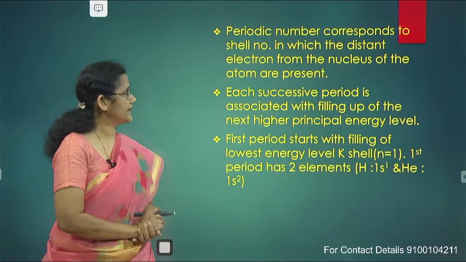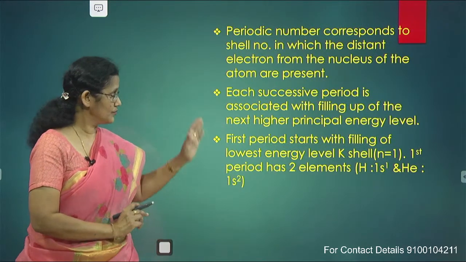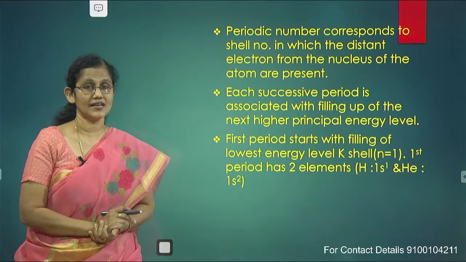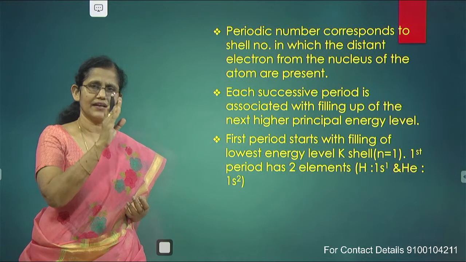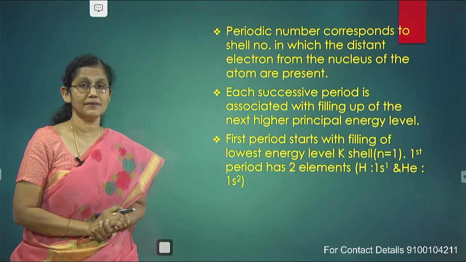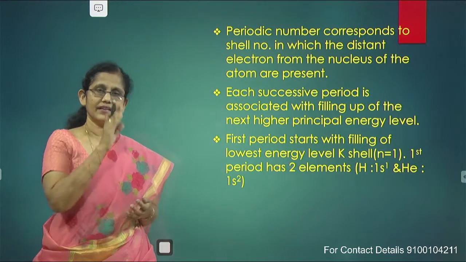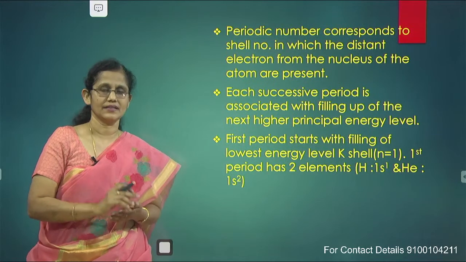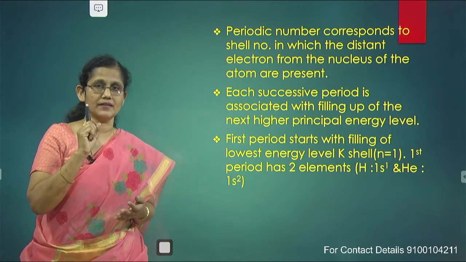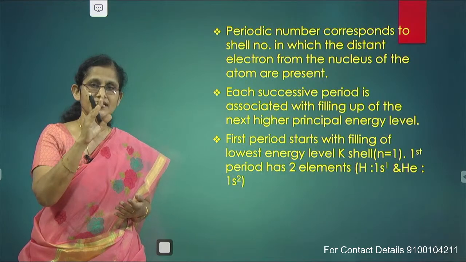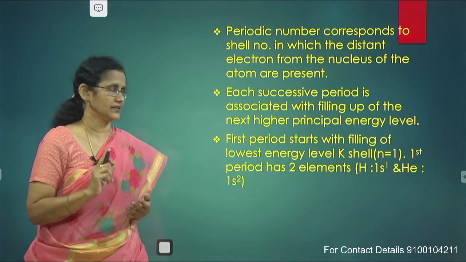So, period number corresponds to the main energy level, the shell number, right. When I say 1s, first period, n is the principal quantum number. When I say 2s, n is equal to 2, the principal quantum number, it indicates the size of the orbit, the orbit number. When I say 3s, third main energy level, n is equal to 3, right.